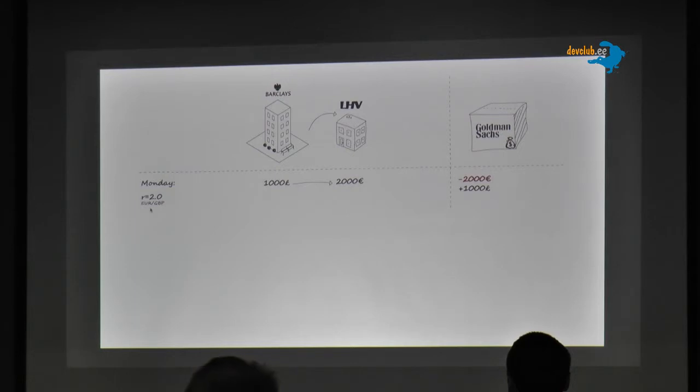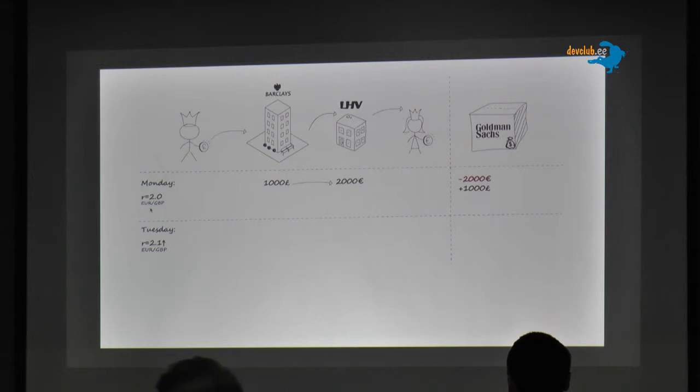All right, now let's say it's Tuesday, and the rate increases. Now it's 2.1 euros per 1 GBP, British pound. And now, let's say we have a customer. Customer is king, right? They want to send some pounds to the Eurozone, some euros.